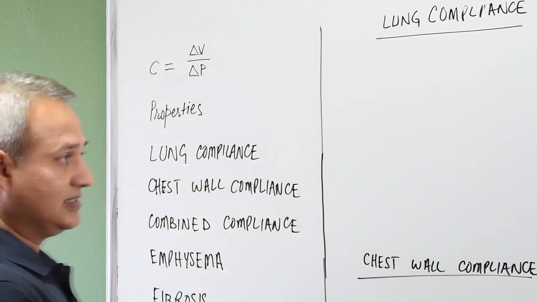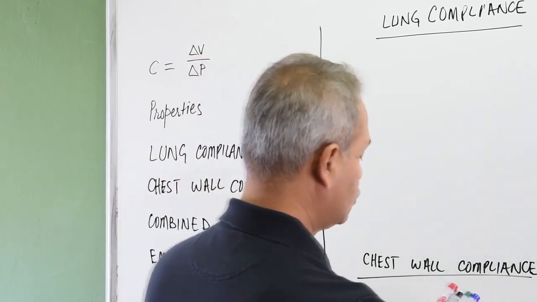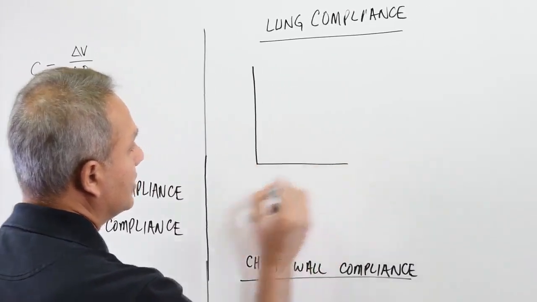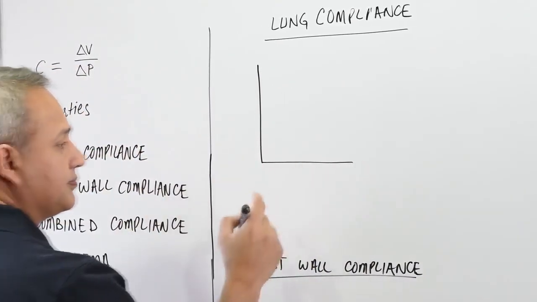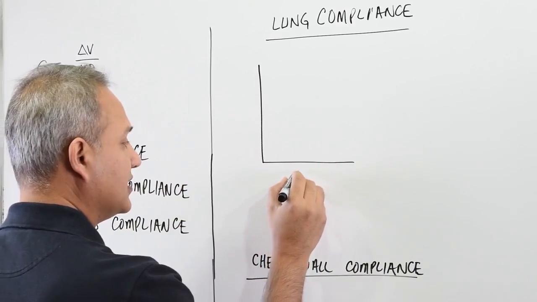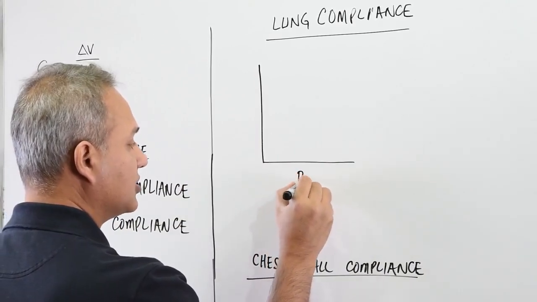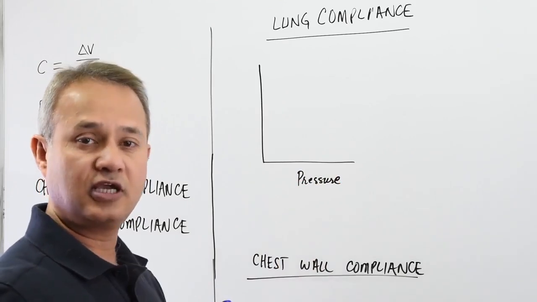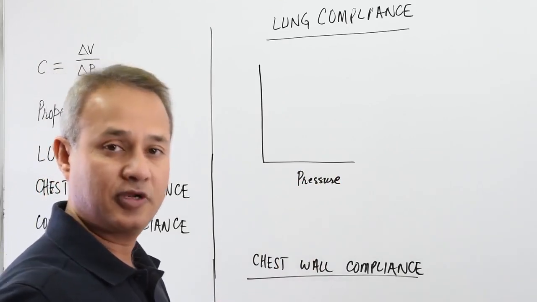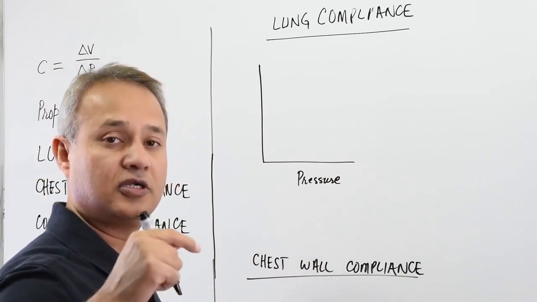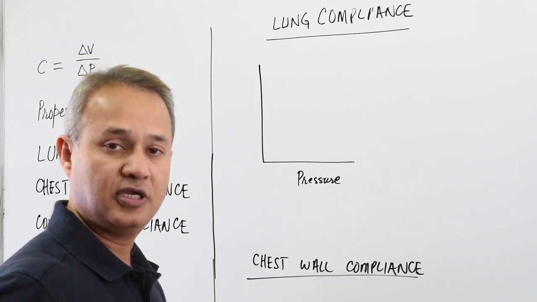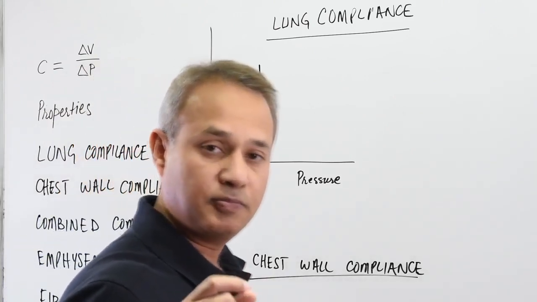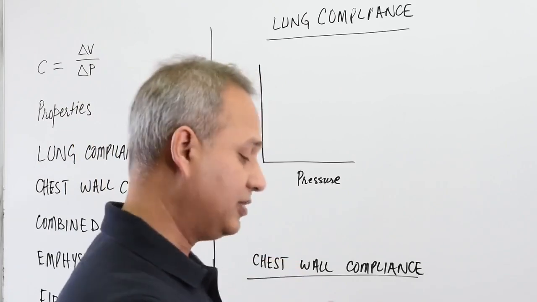What that means is this: if I draw a graph where this is the pressure changing, what pressure are we talking about? The transpulmonary pressure. It is also called transmural pressure. This is the pressure that is the difference between the pleural pressure and alveolar pressure.